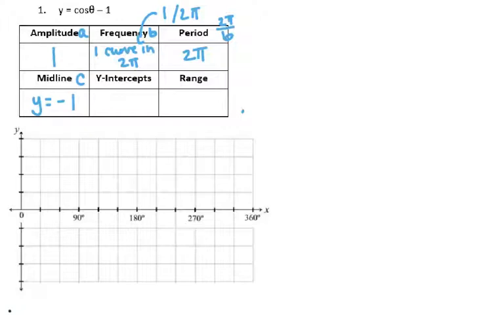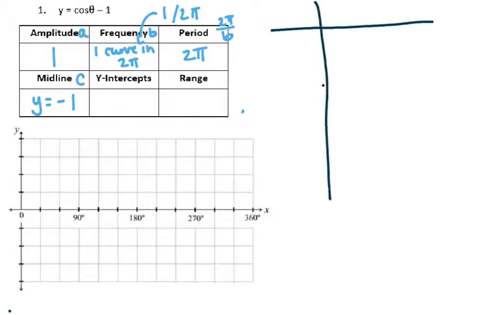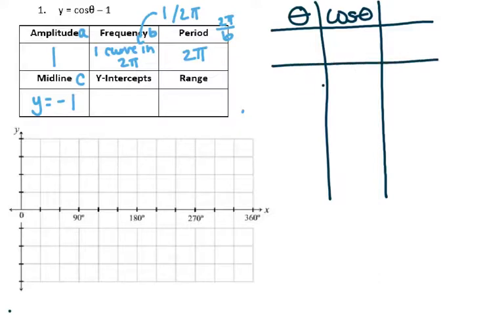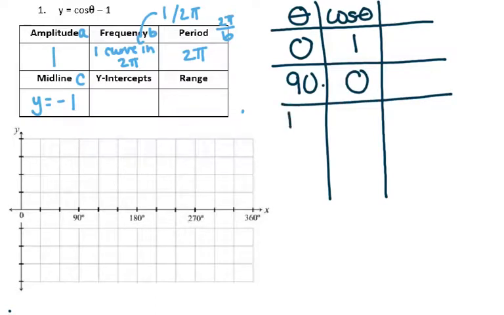Now, let's go back to that parent function since I just mentioned it. If we have our basic grid here of our theta and just a basic cosine theta graph, going back to those 5 main values, at 0, our graph was equal to 1. At 90 degrees, our graph was equal to 0. At 180 degrees, our graph was equal to -1.